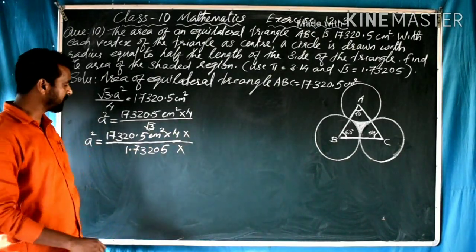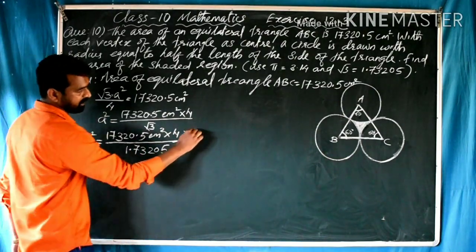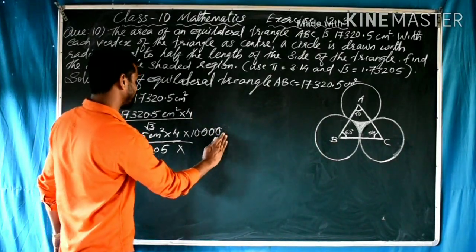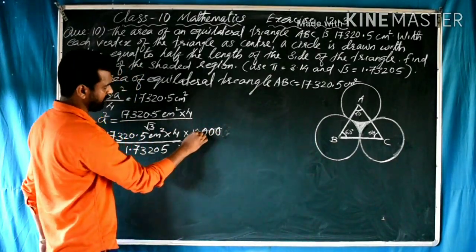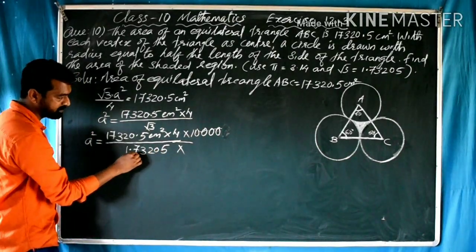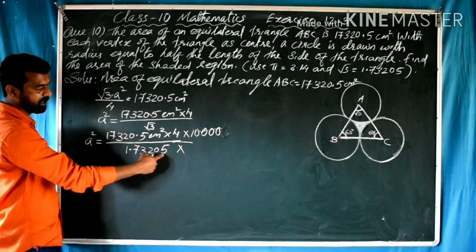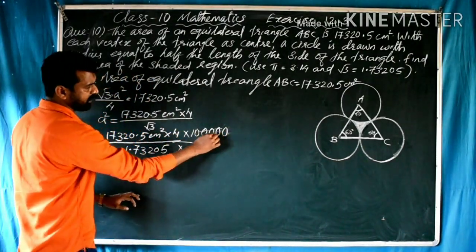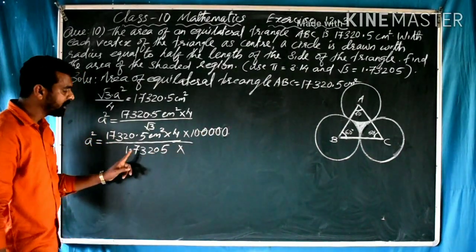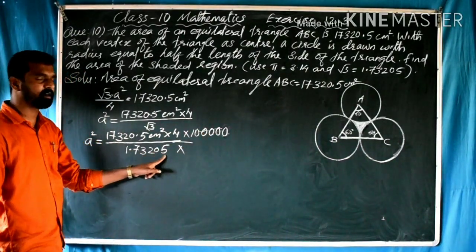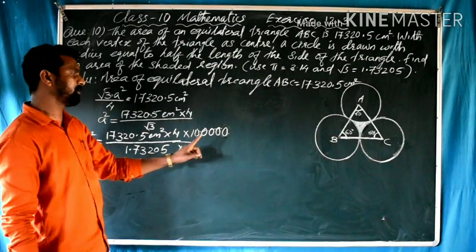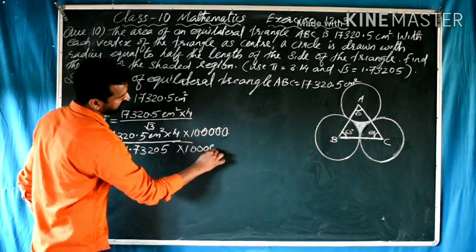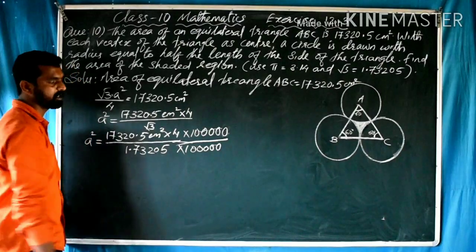So we have to multiply the numerator and denominator by 1 followed by 5 zeros, that is 1 lakh.